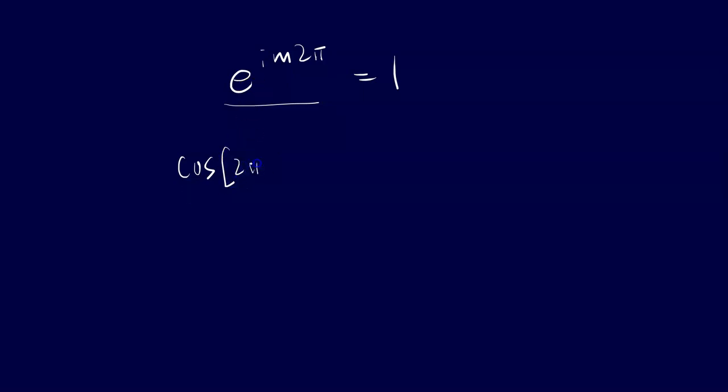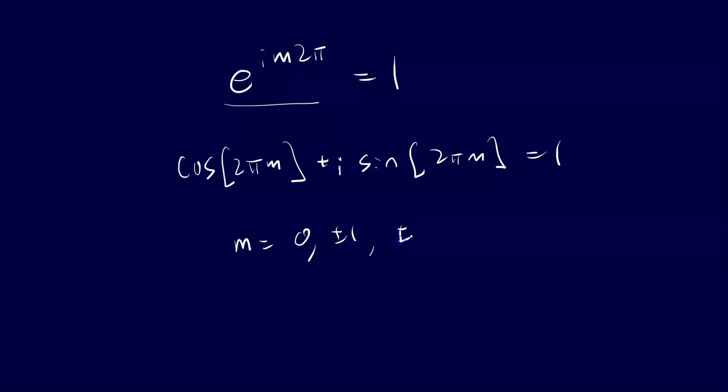So this would be cosine 2 pi m plus i sine 2 pi m equals 1. Since the sine is the complex part, what's going to work is whenever cosine equals 1. And since this is a factor of 2 pi, m will just end up being 0, plus or minus 1, plus or minus 2, and so on. And so this is going to be key. We're going to use this to help us again in figuring out the full angular solution.